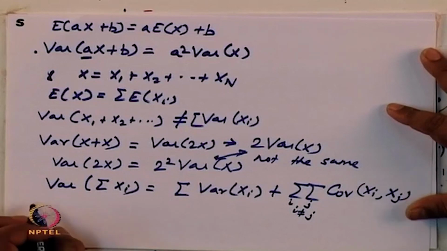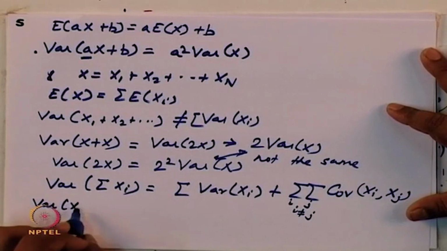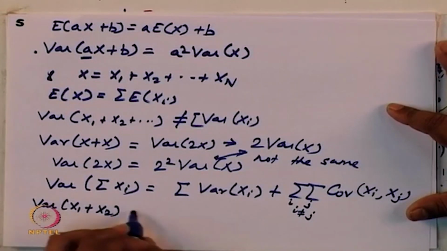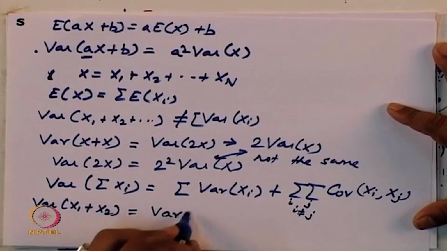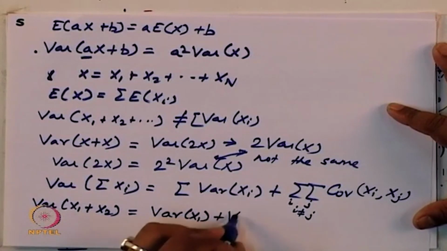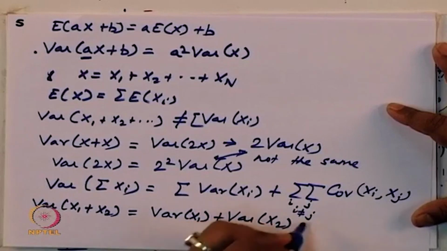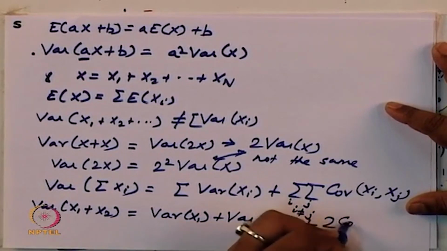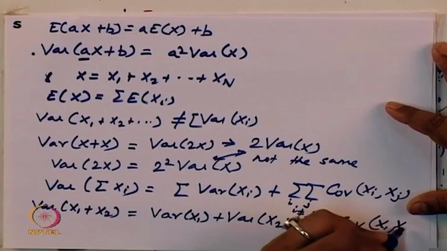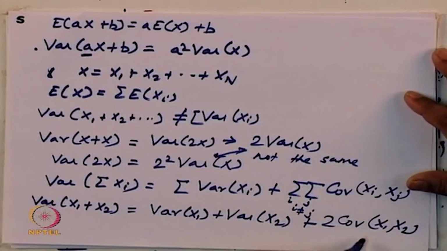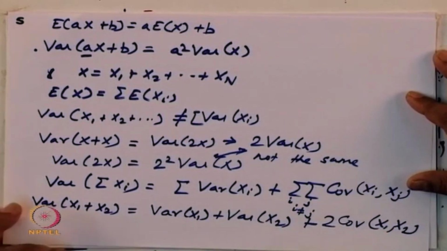If I have two variables, variance of x1 plus x2 becomes variance of x1 plus variance of x2 plus twice covariance of x1 comma x2. How do we define covariance?